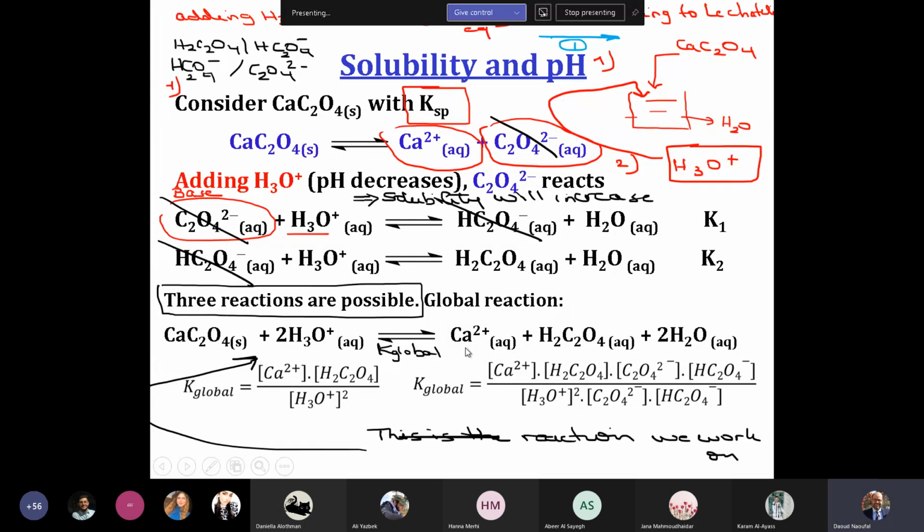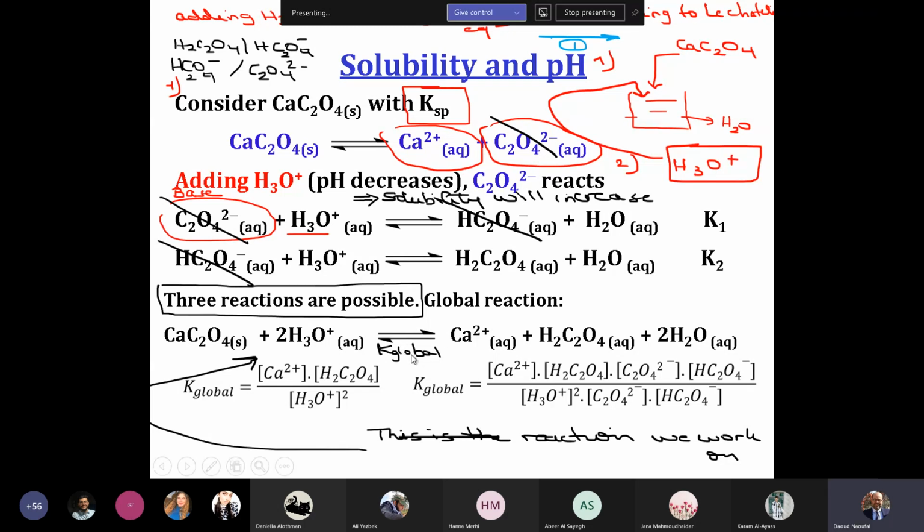So if we calculate the concentration of Ca2+ at equilibrium in the global reaction, we know the effect of H3O+ added. And do not forget that as you add H3O+, you form more Ca2+. So Ca2+ is directly related to the addition of H3O+.